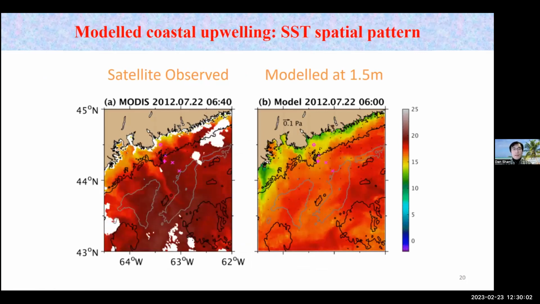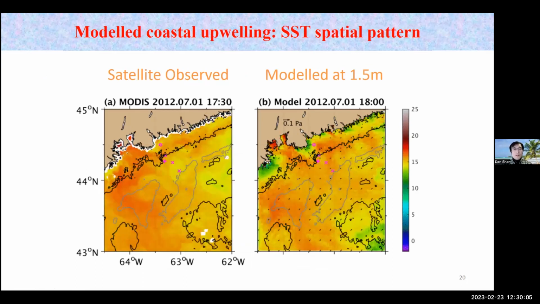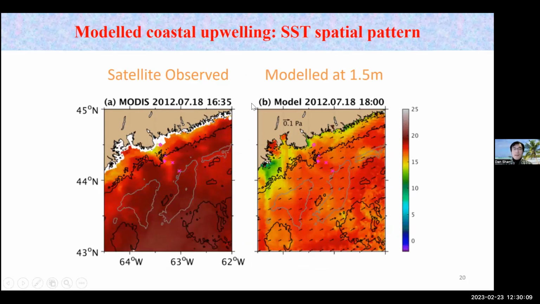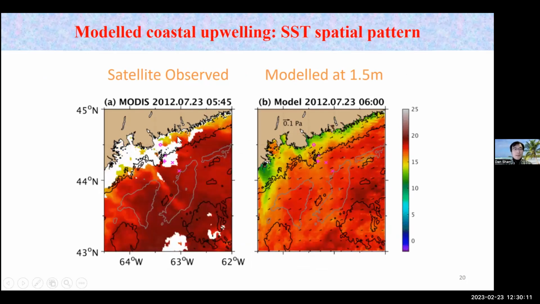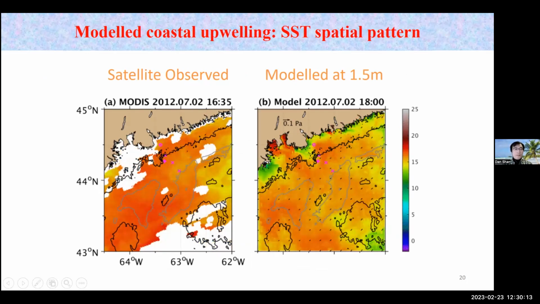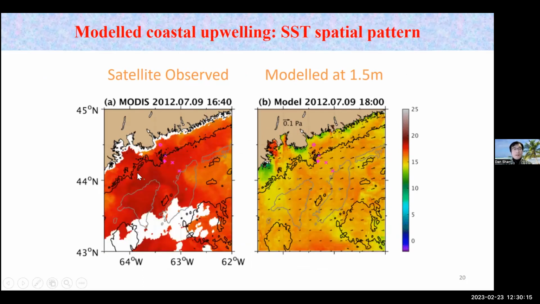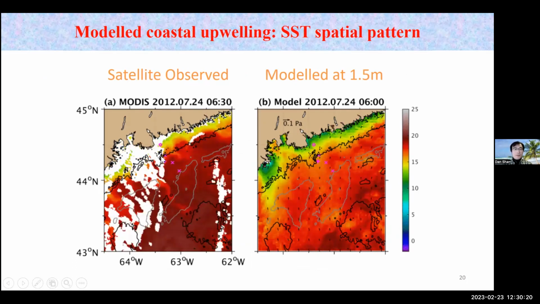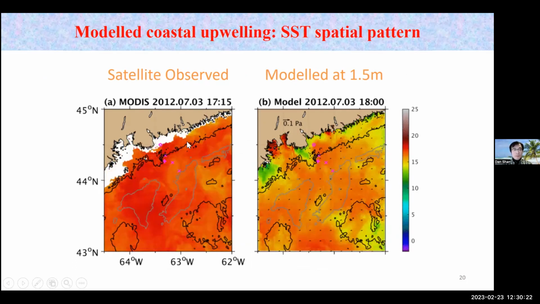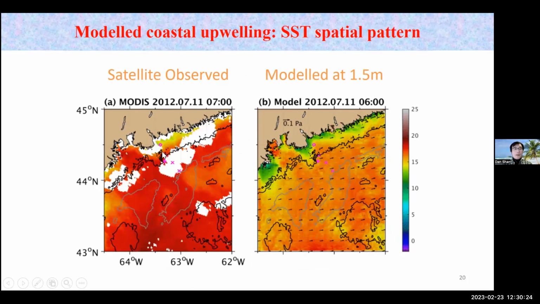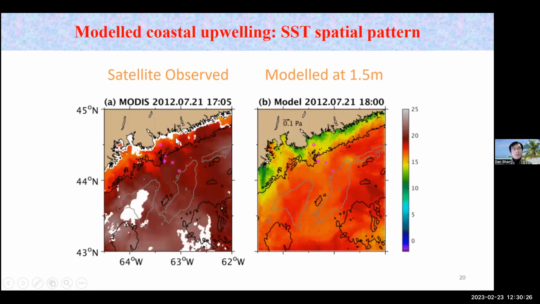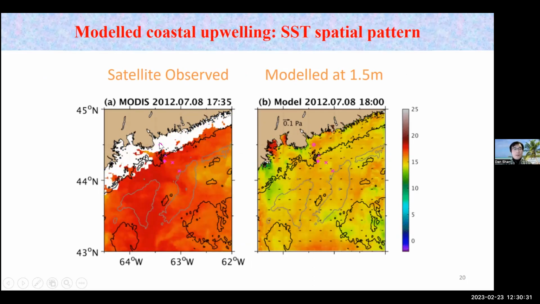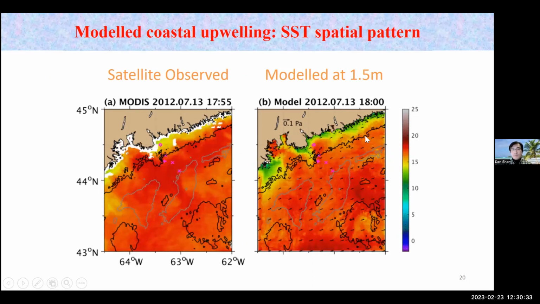If we look at the comparison of the spatial pattern with the satellite observed SST, as I mentioned before, the satellite image is often affected by cloud, shown in the white region, and at other times we are able to get an idea that there's ongoing upwelling in the month of July, shown by this yellowish and greenish colder color along the coast.